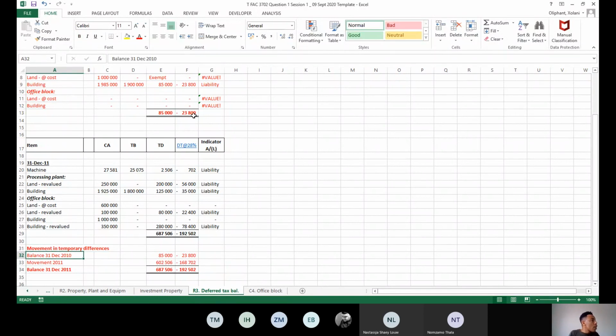So you started with 23,800 as your liability, right? And then you ended up with a liability of 192,502. What would have been your movement in that regard?